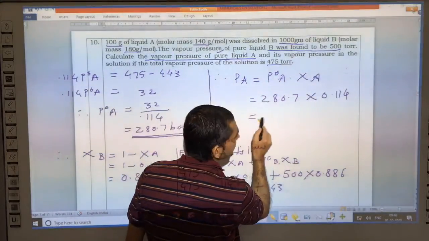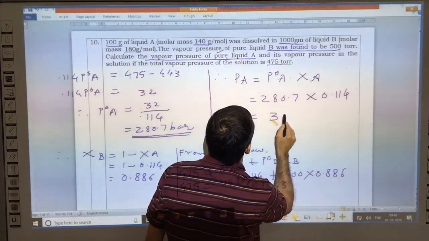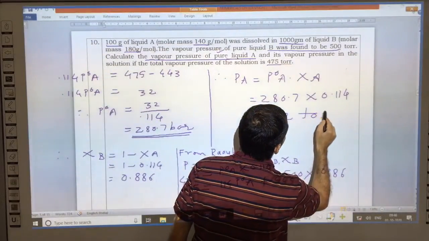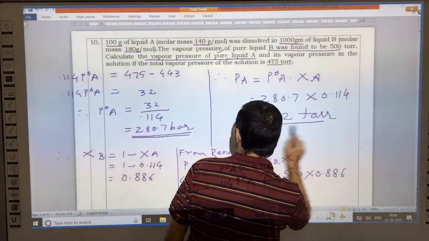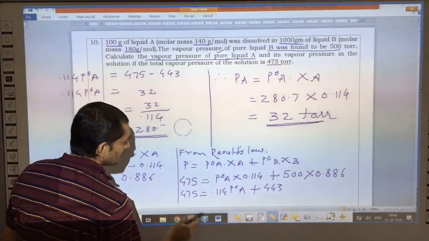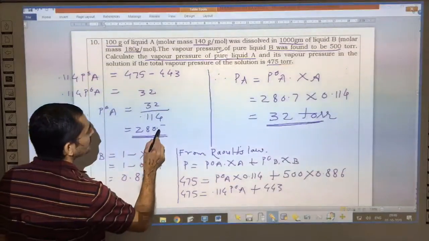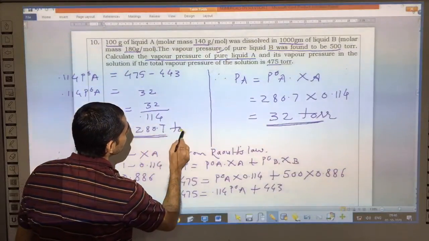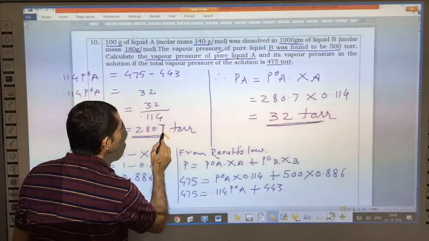You multiply it, and you will get the second part also. This is 32 torr. The answer is in torr. Here also you can write torr instead of bar. It is 280.7 torr. I have written bar, you can omit it, it is torr.